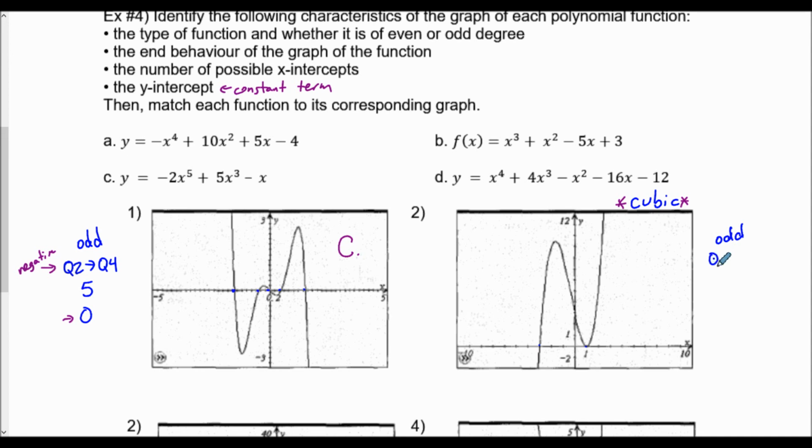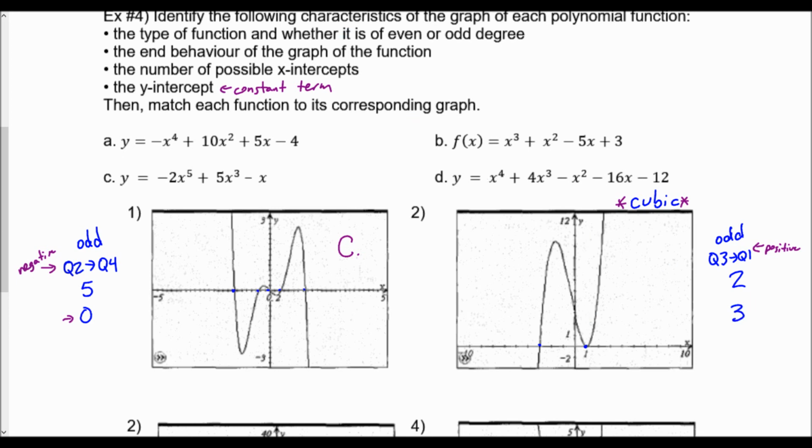The end behavior, starting in quadrant 3 and ending in quadrant 1, meaning the leading coefficient is positive. It has a maximum number of x-intercepts of 2, and the y-intercept in this one may not be the easiest to read, but it is 3.